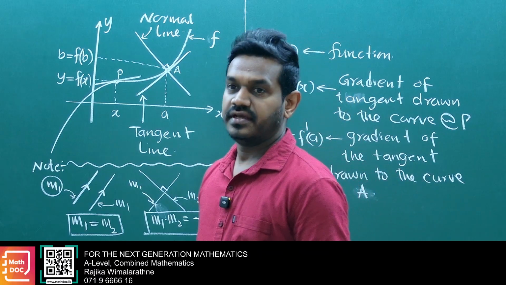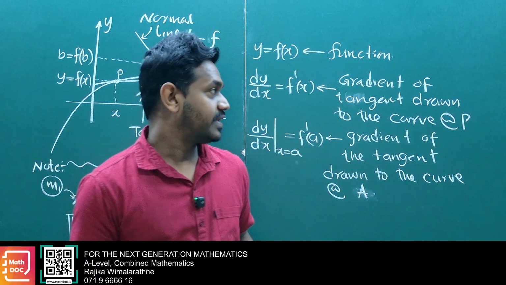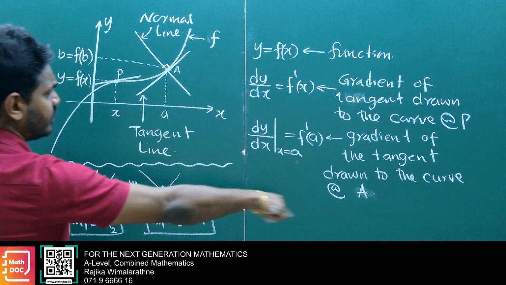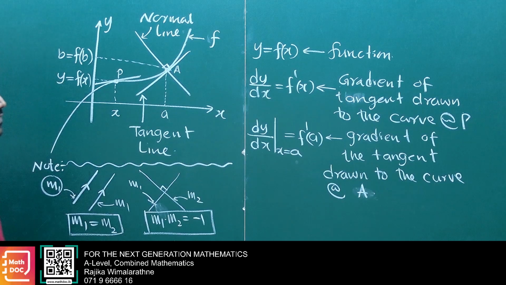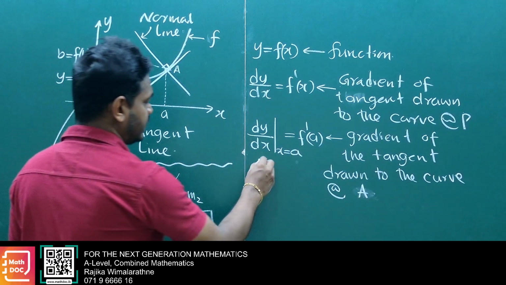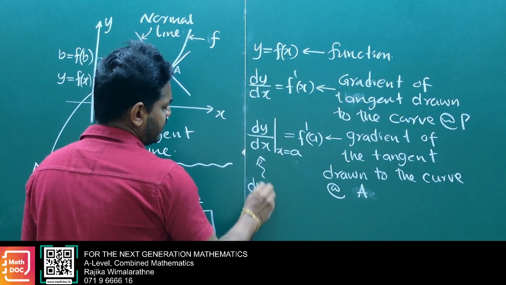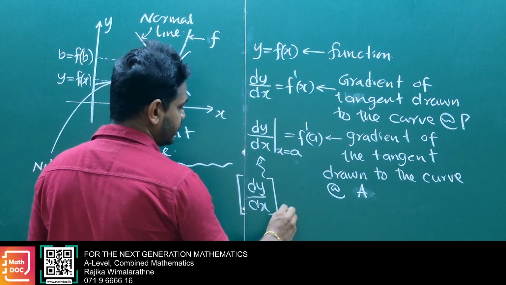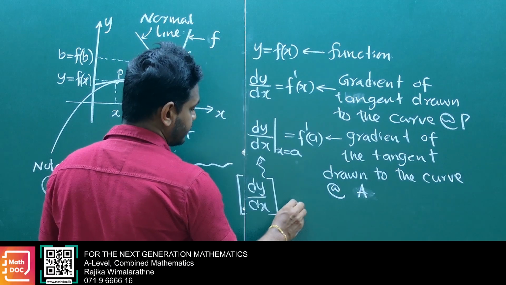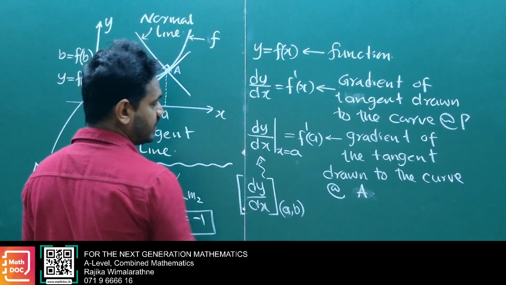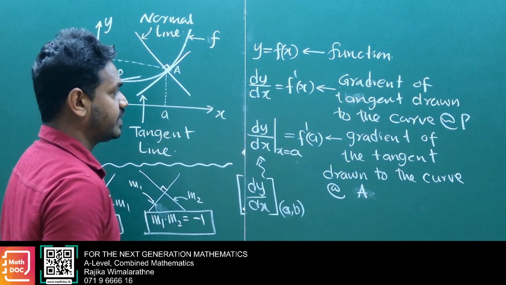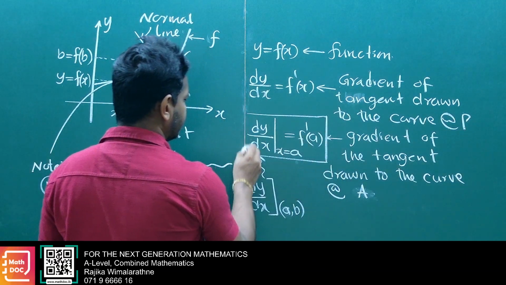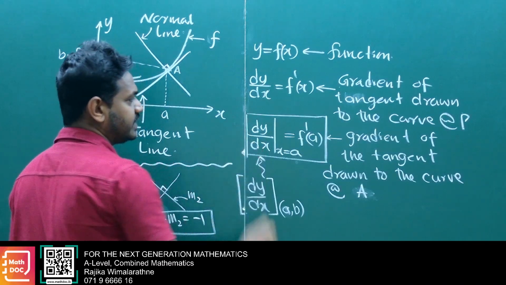Okay, that definition I have given before, but anyway, you put this on again. Here this one again we can denote dy by dx, put square bracket, put coordinate here a comma b. Likewise you can denote the same thing. Here this is the specialty that we need to follow.